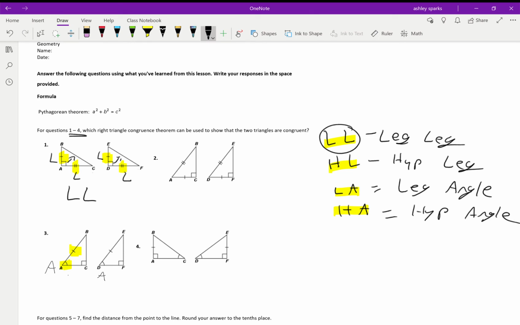Same thing over here by D. And then, once again, I want to figure out, well, is this my hypotenuse or is this the leg? This is across from our right angle this time. So this would be a hypotenuse. So this one would be hypotenuse leg. Try 2 and 4 and see how you can do with those ones by yourself. Okay?